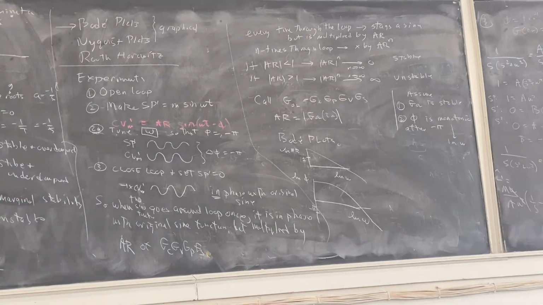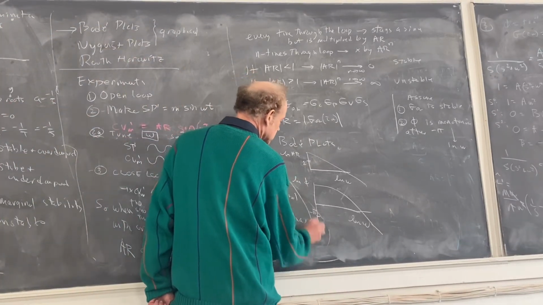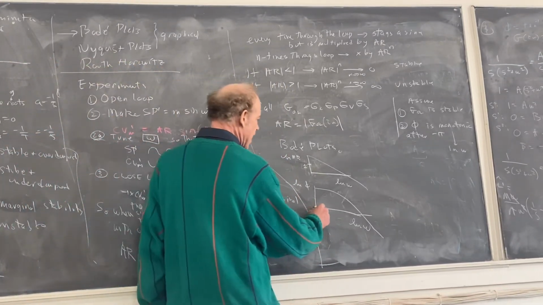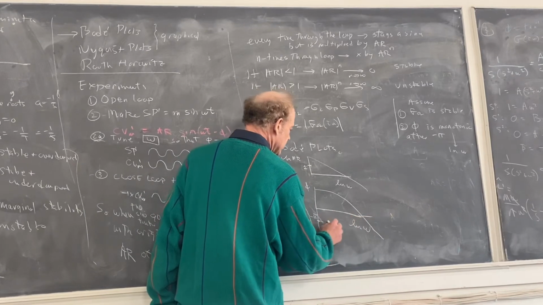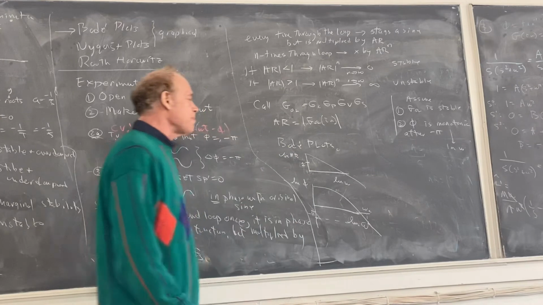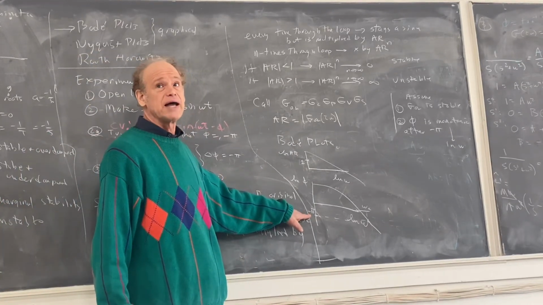So how would we use this method in calculations? Well, the first thing we would do is look for an omega that gives me minus pi. I'll call it omega critical, because it gives me a value of phi that's minus pi.